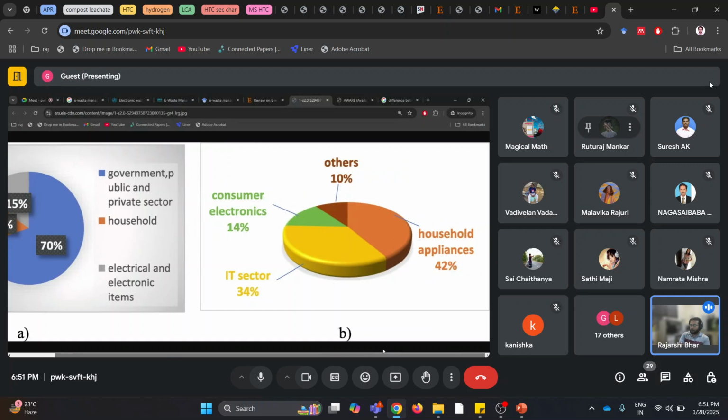Consumer-wise, most of the e-waste is basically household appliances. 34% is also a significant fraction that comes directly from the IT sector. So household and IT sector are the major contributors to e-waste generation in India. Then some consumer electronics and others are there.